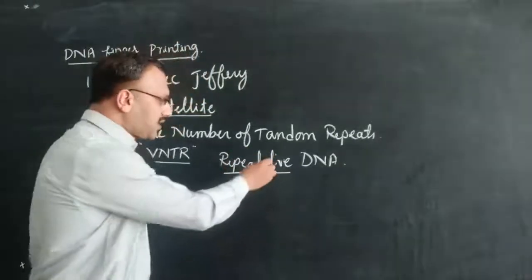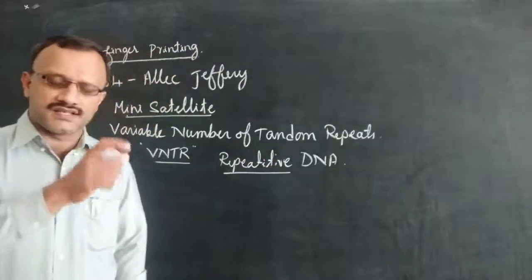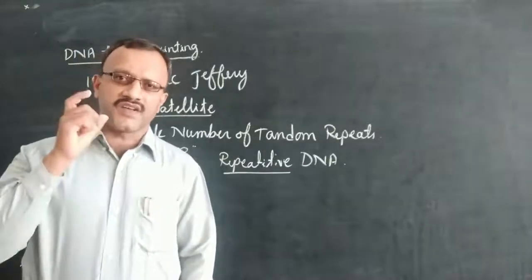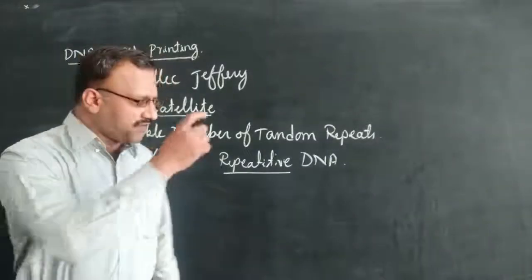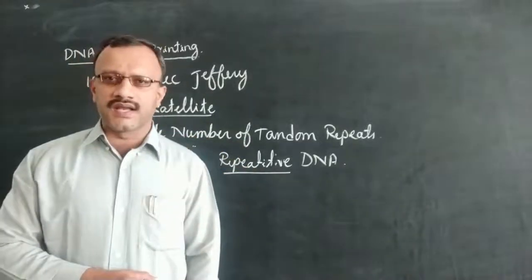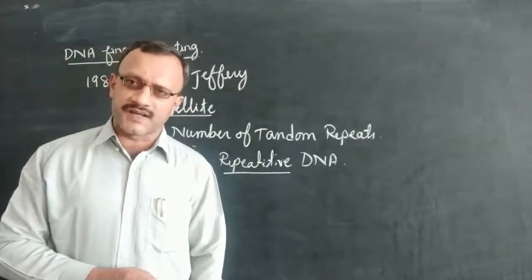Similarly, these repetitive DNA, found in each individual in a specific number and position, or part of it, will pass from the parents to their offspring.